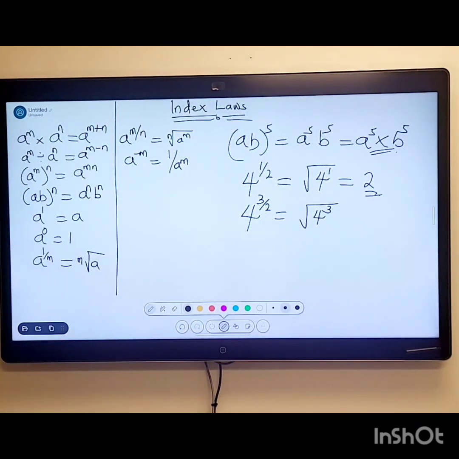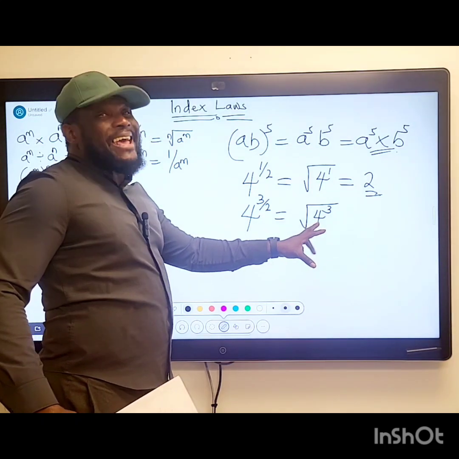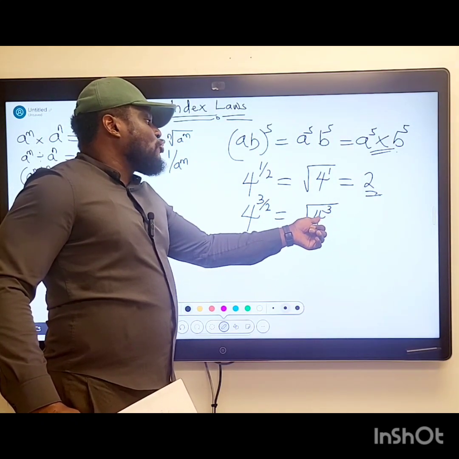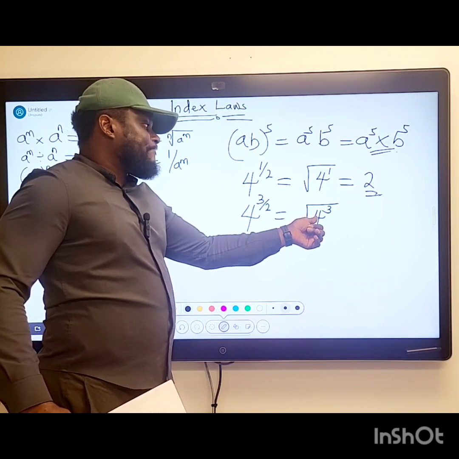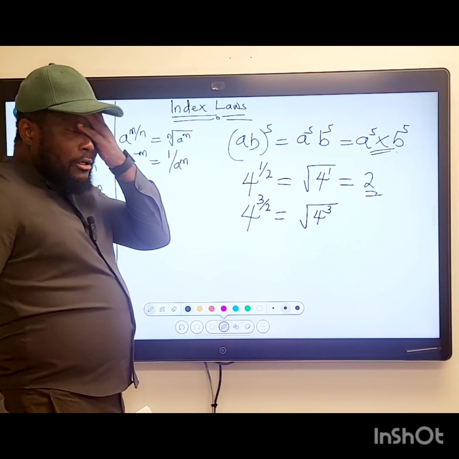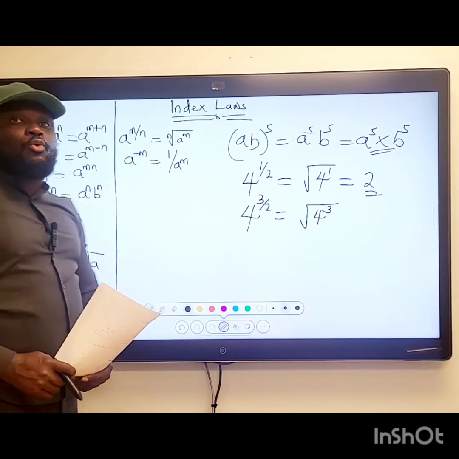When you have this kind of question, you have to follow your PEMDAS. You solve your 4 raised to the power 3 first, which is the power, before you do your square roots.